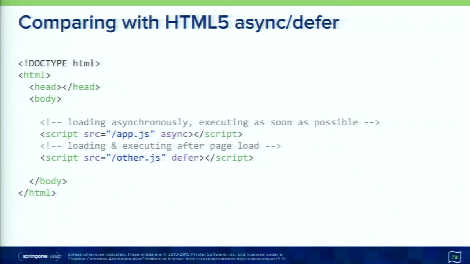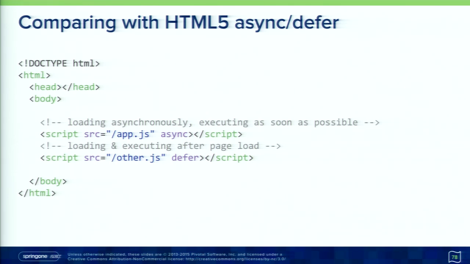If you have two async resources, two JavaScripts, will they be requested one after each other, or does it have any relation to the order of the JavaScript? Yeah, the question is if you have several JavaScripts, will they be executed in order? If you're using async and defer, it's not the case.